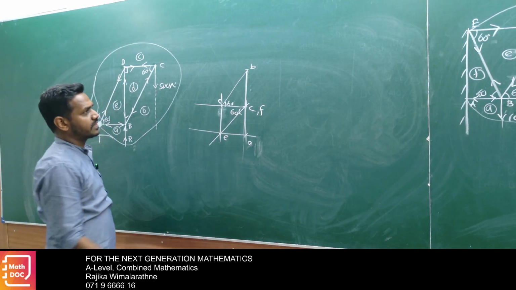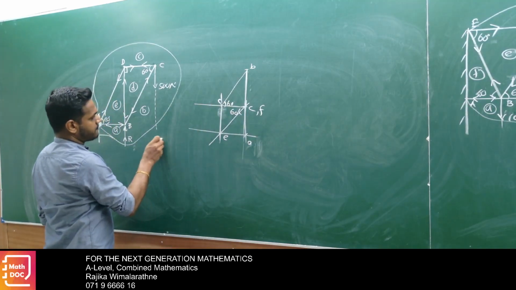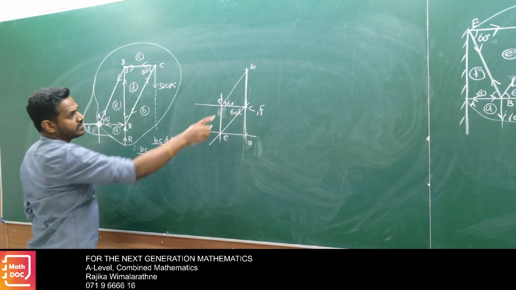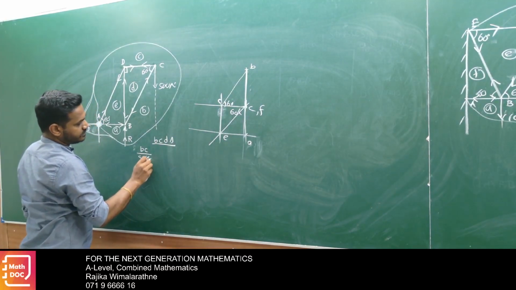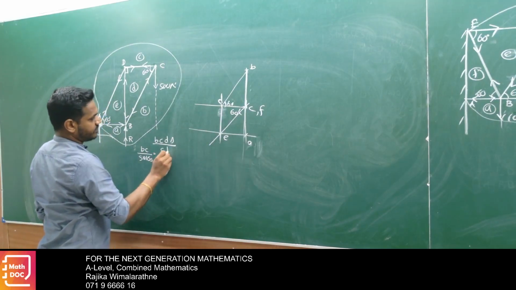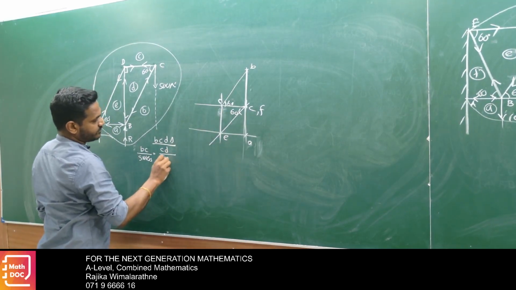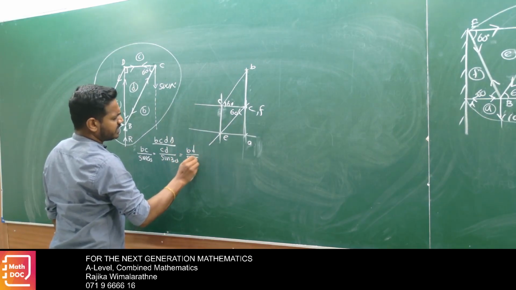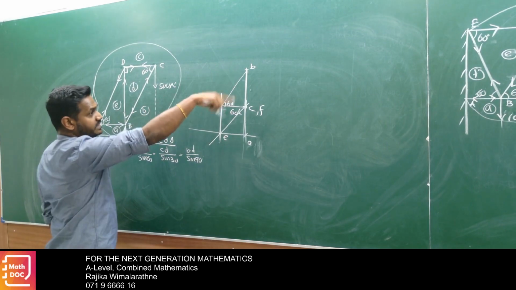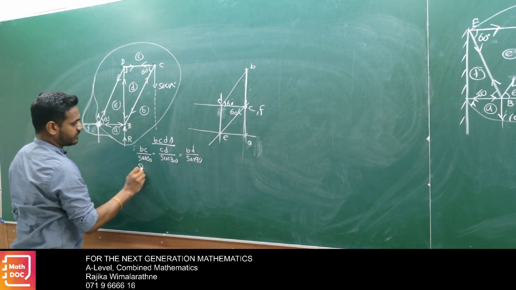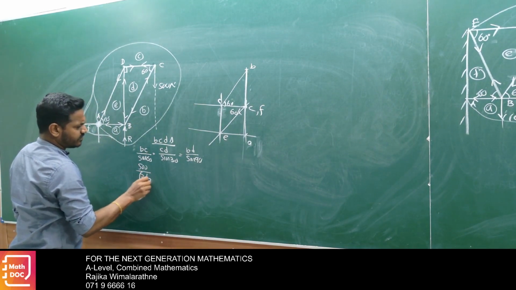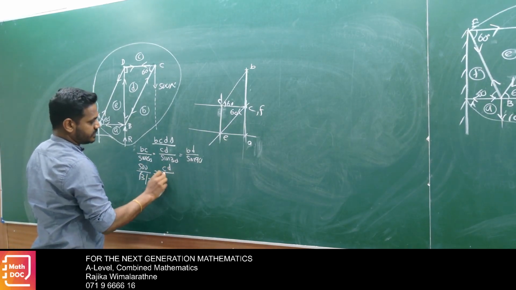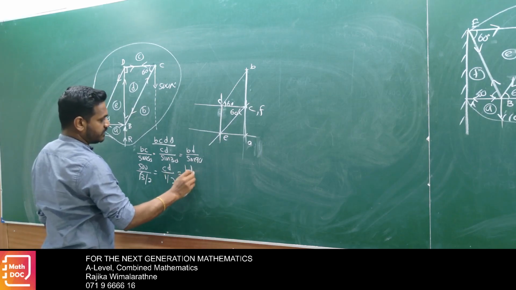Let's find it. Take triangle BCD: BC over sine 60, CD over sine 30, BD over sine 90. BC is 500, so 500 root 3 over 2, CD over half, BD.